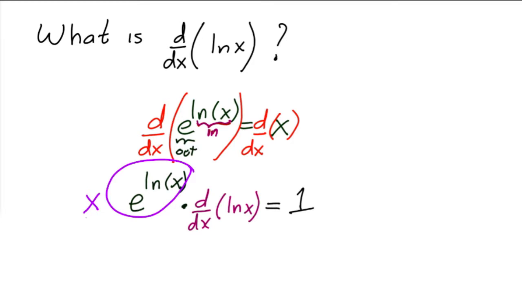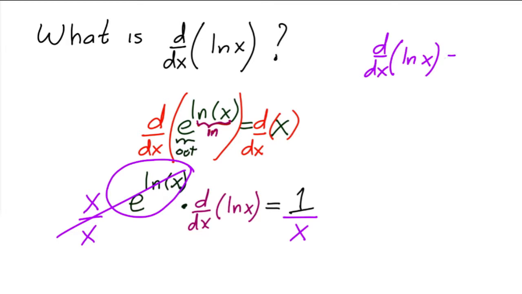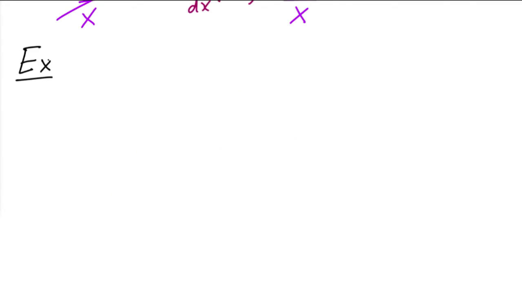All you have to do now to finish this is divide both sides by x, and you get that the derivative of natural log of x is equal to 1 over x. And that's it.